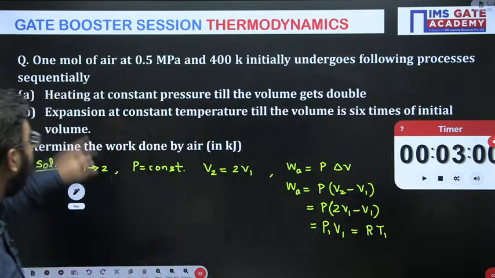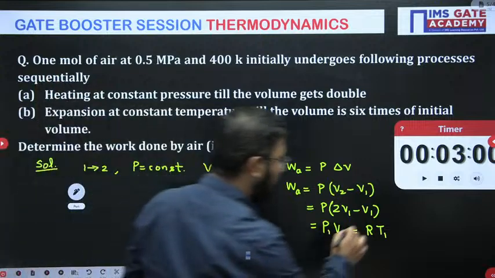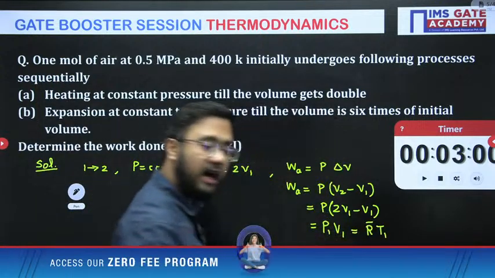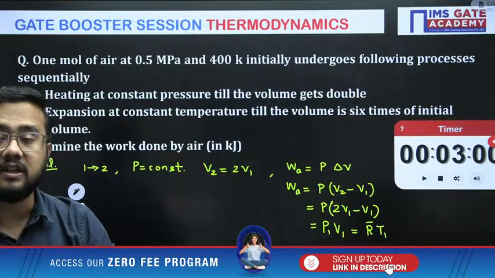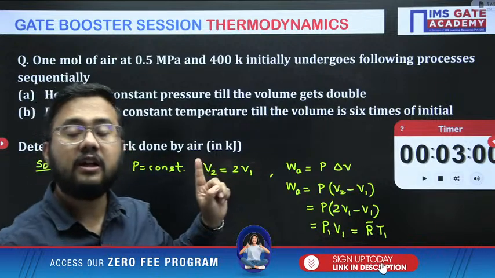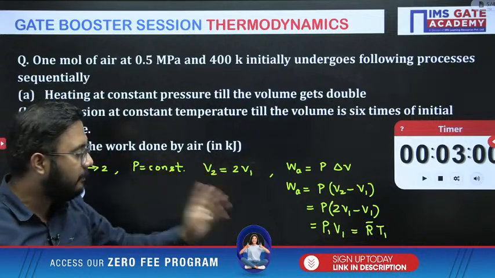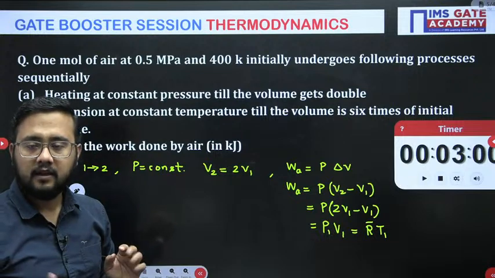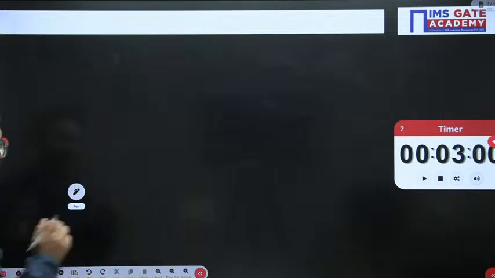Here they have mentioned 1 mole of air, so whenever moles are mentioned, I will take R bar, the universal gas constant. Please understand this point. They have not given the mass, they have given the moles, so I can write R bar directly. This is very important to understand.